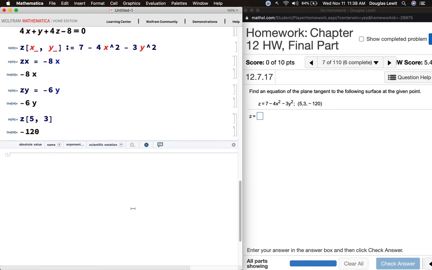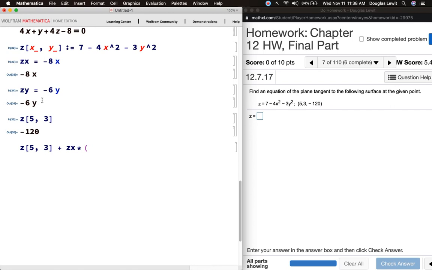You're not going to use it directly. You will use it, but you're not going to use it directly. So your formula, your tangent plane is going to be, well, that of course is negative 120, but for right now, it's better to think of it as z of 5 and 3 plus zx times, in this case, it's okay to use lowercase letters because zx and zy are not actually functions.